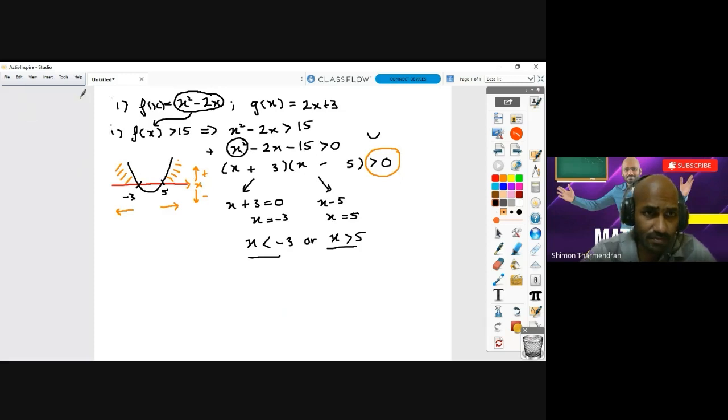And then for the second part over here, they're asking us to find the range of f and state with a reason whether f has an inverse. Before that, any questions on the first part?